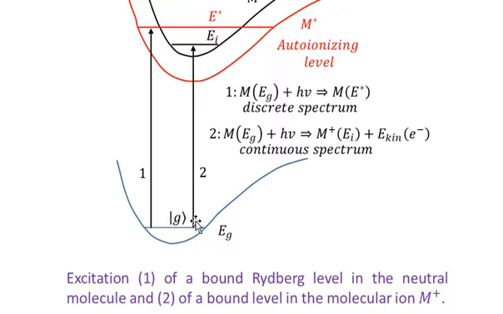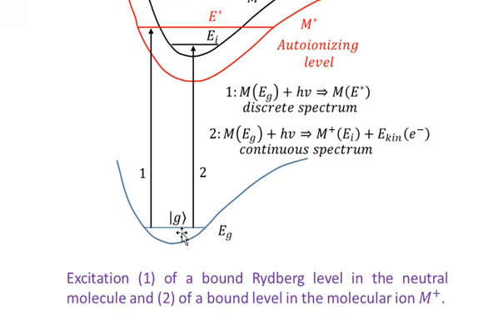So the transition has been considered from the vibrational level in the ground electronic state to one of the vibrational levels in the neutral excited molecule, that is, from the lower vibrational level to E star. E star is the vibrational level that we are accessing through transition 1. Now consider the end of the transition.